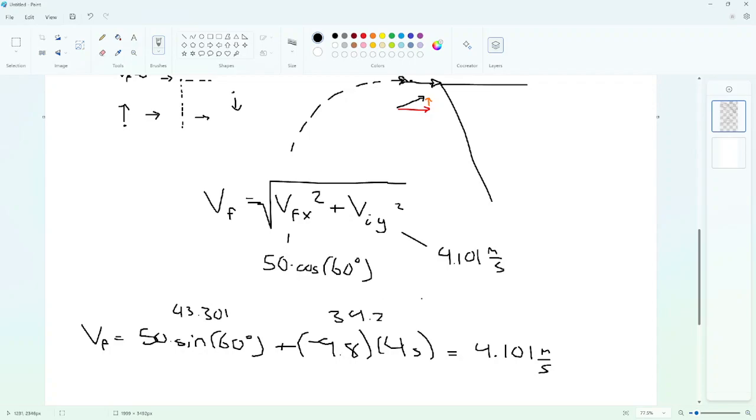And we get a final velocity of 25.334 meters per second.